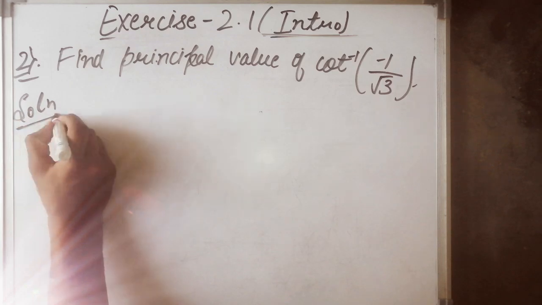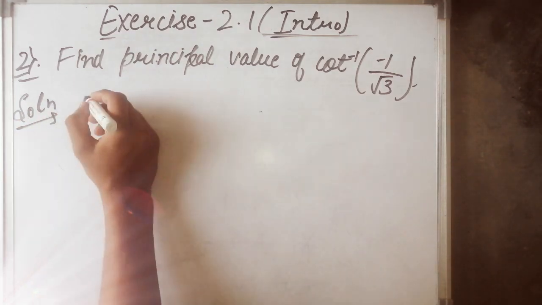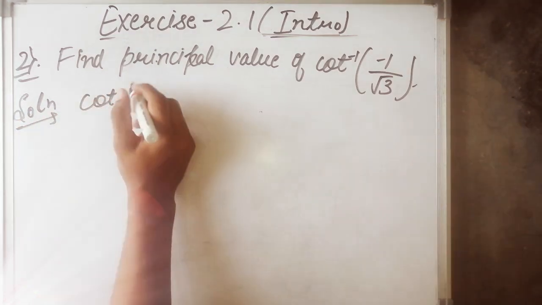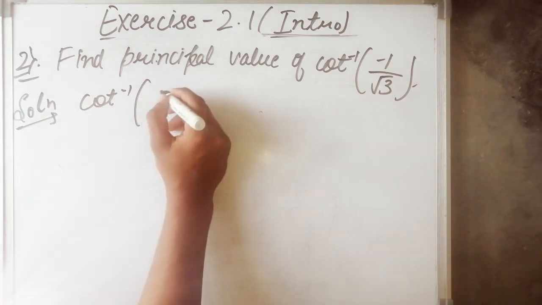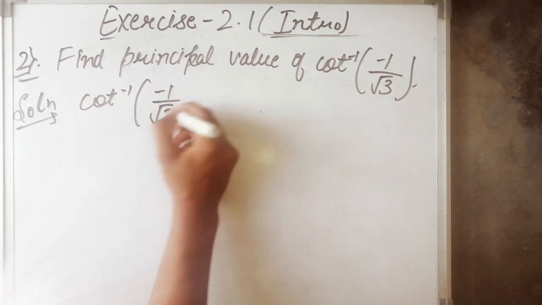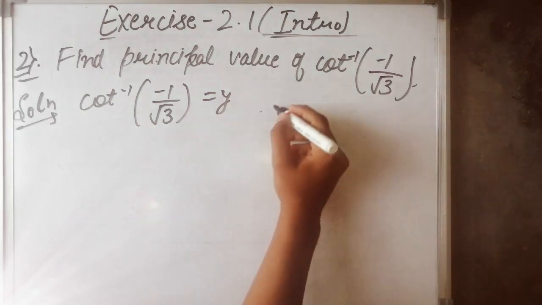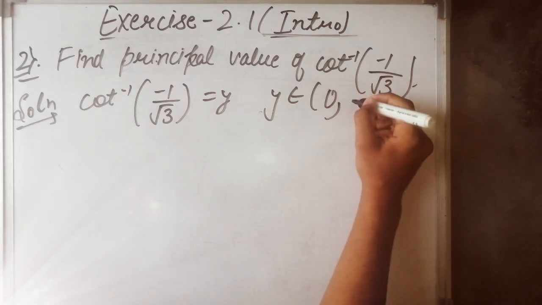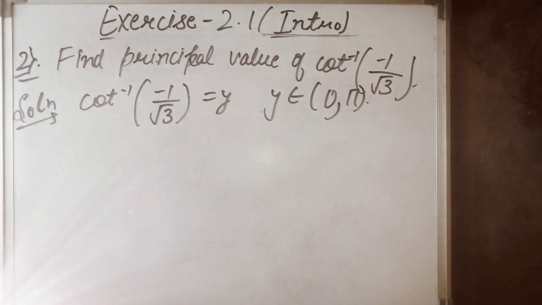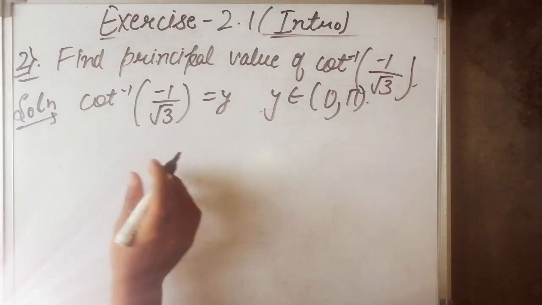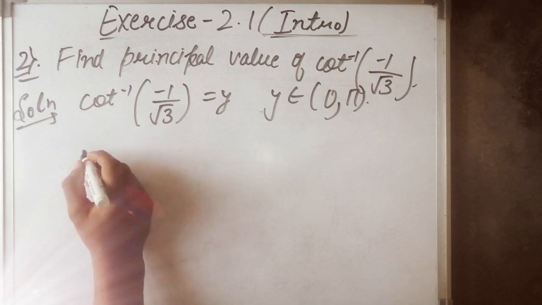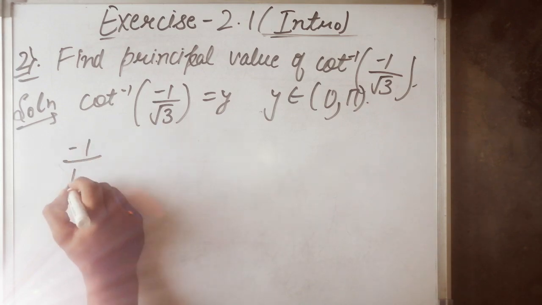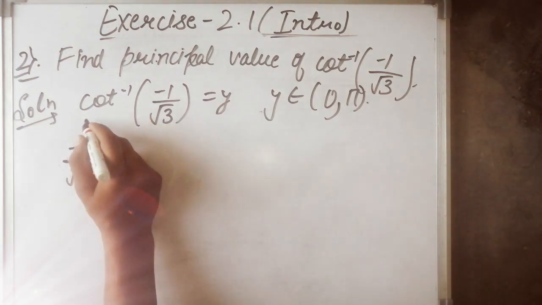First of all, let us consider cot inverse minus 1 by under root 3 equals y, and y belongs to 0 to pi in these curly brackets. Our next step is to take minus 1 by root 3 here and take cot inverse here.